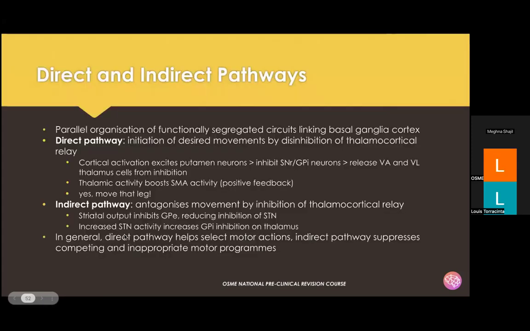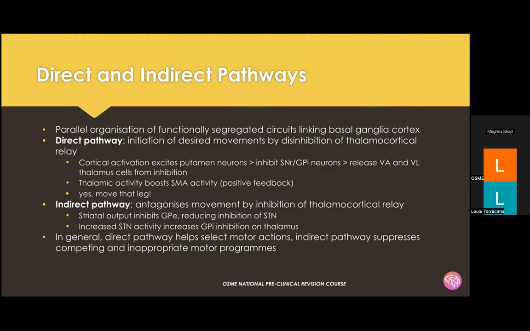Okay, so direct and indirect pathways. You might remember that there's a parallel organization of functionally segregated circuits linking the basal ganglia and cortex. That is to say, there's one pathway which is direct and one which is indirect within the circuits of the basal ganglia. The direct pathway is initiation of desired movement. So direct is like, okay, yes, let's go, let's start the movement.